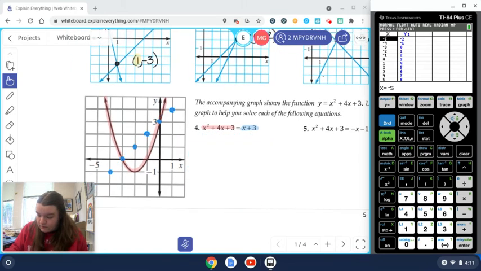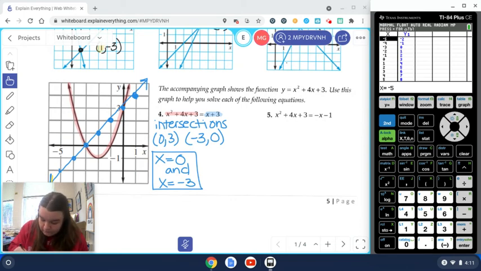So I'm going to do the same thing for number 5. It's already graphed, x squared plus 4x plus 3. And then I'm going to graph -x minus 1. So again, you could put this in your table, but I know that y equals -x minus 1 starts at -1 on our graph.